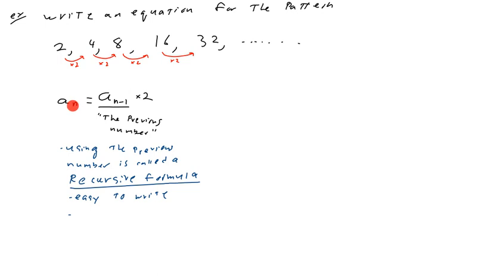The problem is, what if I want the 100th number? What's the 100th number in this pattern? Well, to get the 100th number, I need the 99th. Okay, well now to get the 99th number, I need the 98th number. And I got to go all the way back to the very beginning and all the way up to get the number I want. So it's not easy to get a particular number. Not easy to find a particular term.